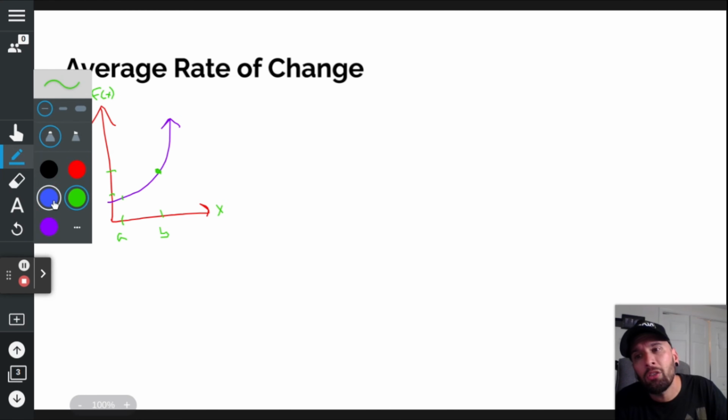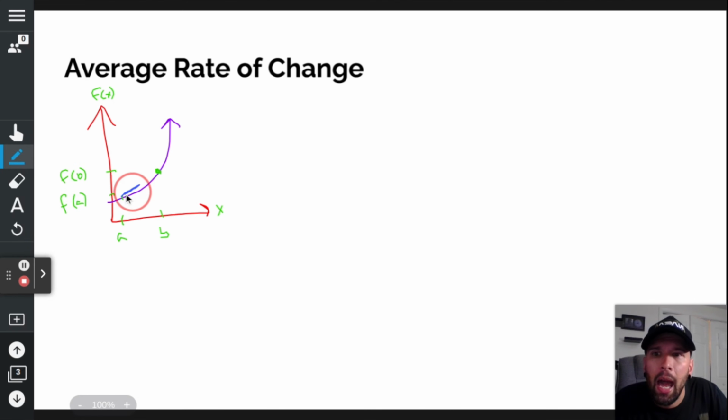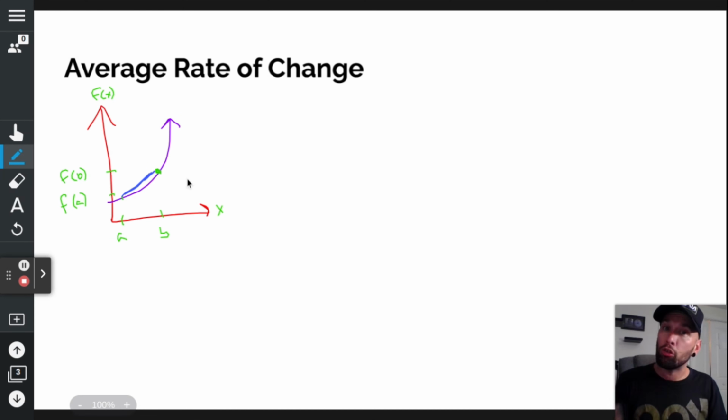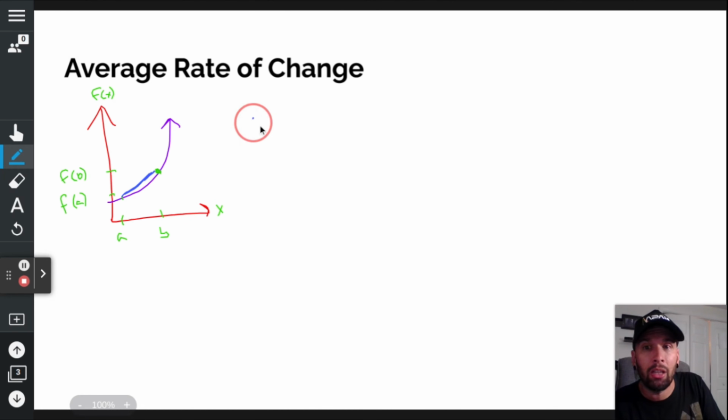So if I can successfully draw this and not make it look stupid, an average rate of change is the straight line going from A to B. And so if I was looking at a graph, I should be able to count rise over run and figure out what my rate of change is. However, if I'm not given a graph, or if I need to show calculations, what I normally might do to find rate of change is give you the slope formula, which is this guy right here.